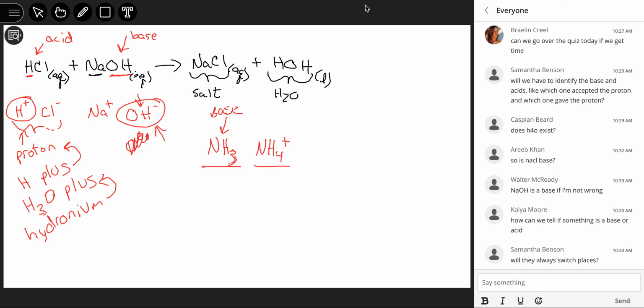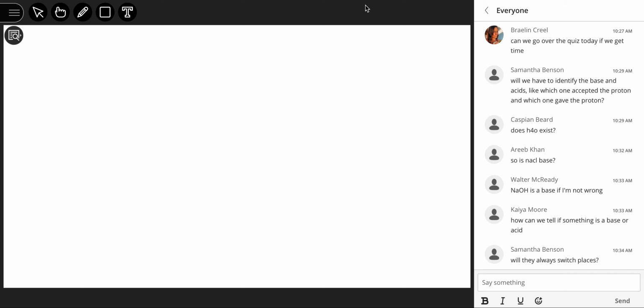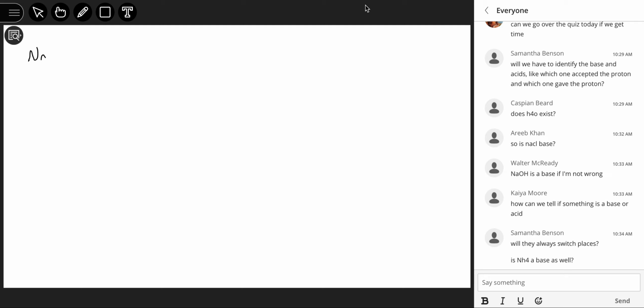Now let's take a look at it from the ionic equation perspective. So we've got sodium chloride, I'm writing the exact same thing.